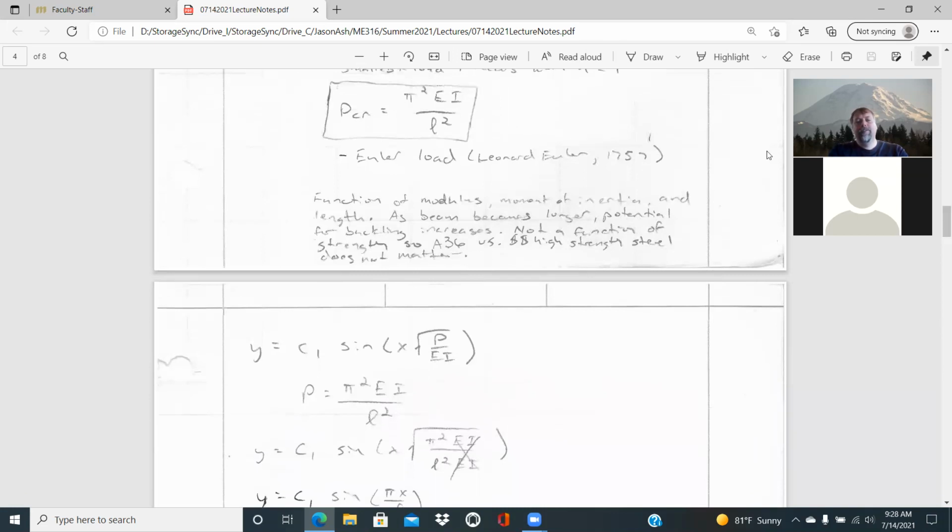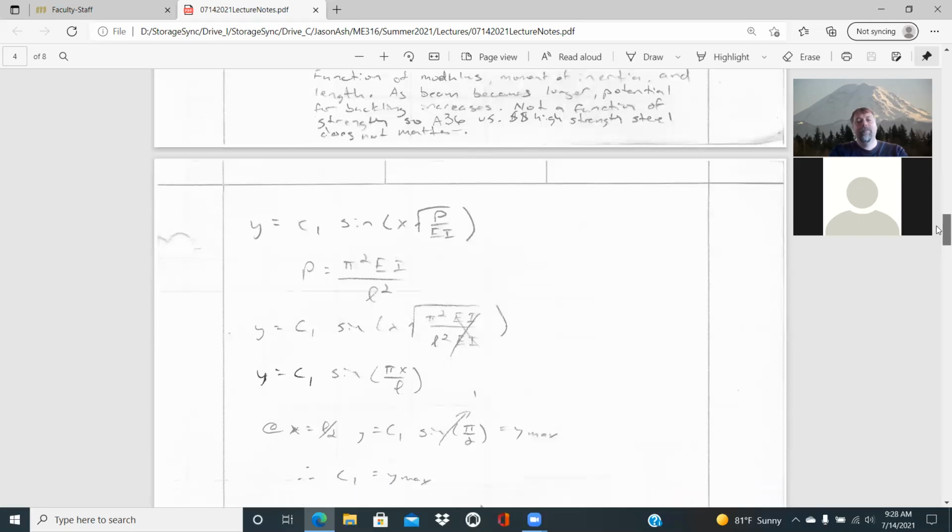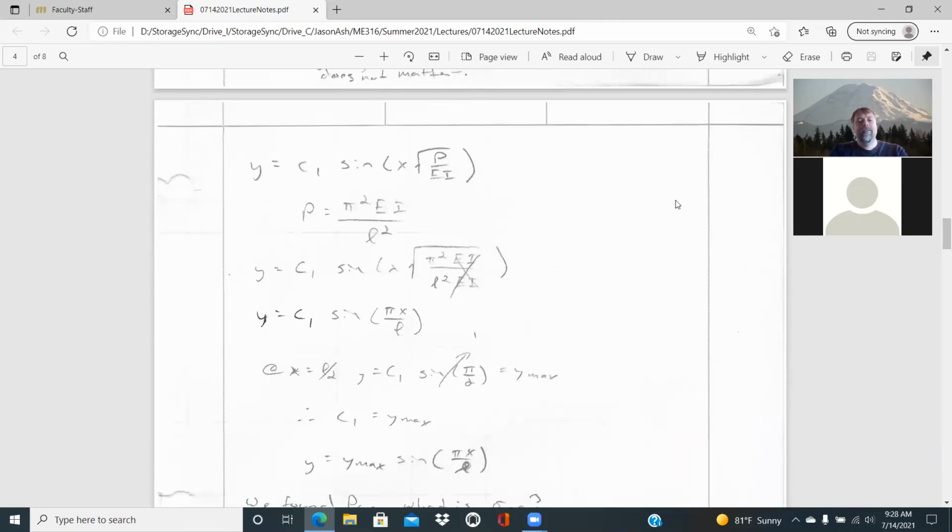That really gives you P critical. I guess if you want to, you can then go through and look at that a little bit further. We still have our general form, y is equal to C1 sine x times the square root of P over EI.